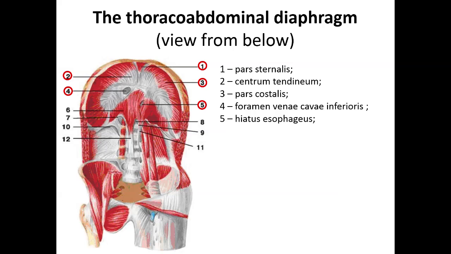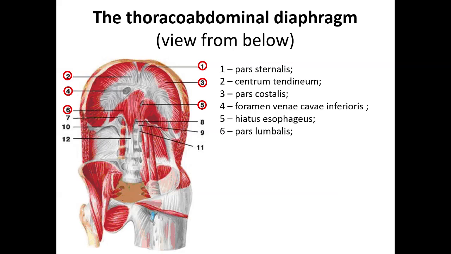And now let's find what is number 6. Number 6 demonstrates to us pars lumbalis of the diaphragm. So the diaphragm, we have said, consists of 3 parts. It originates from 3 different parts in the circumference of the thorax.